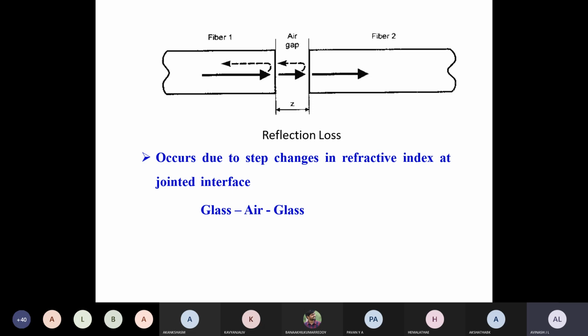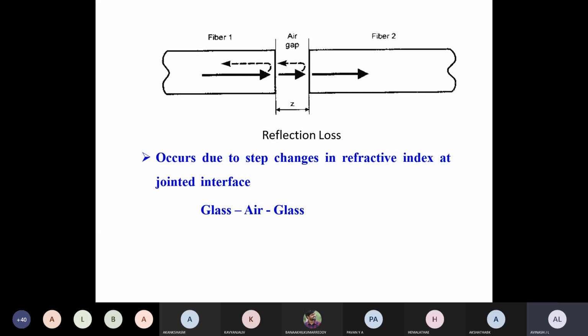One is glass to air, and another is air to glass. So two times the reflection is going to happen, and two times losses we are going to observe. This is what exactly happens. Please make a note of it, all of you.